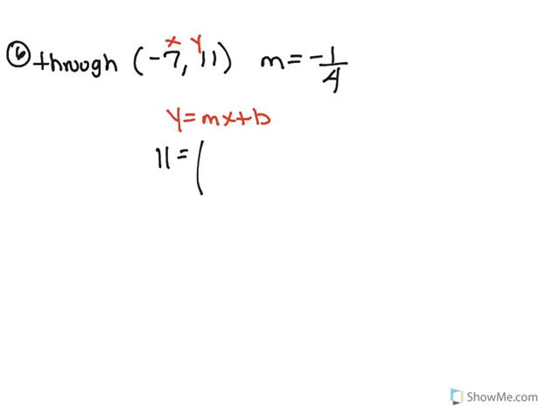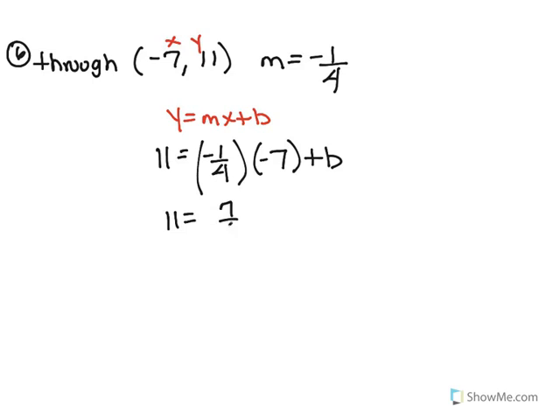We got 11 equals -1/4 times -7 plus B. And when you multiply, try to make sure you get a little practice with these fractions. -1/4 times -7 makes a what?